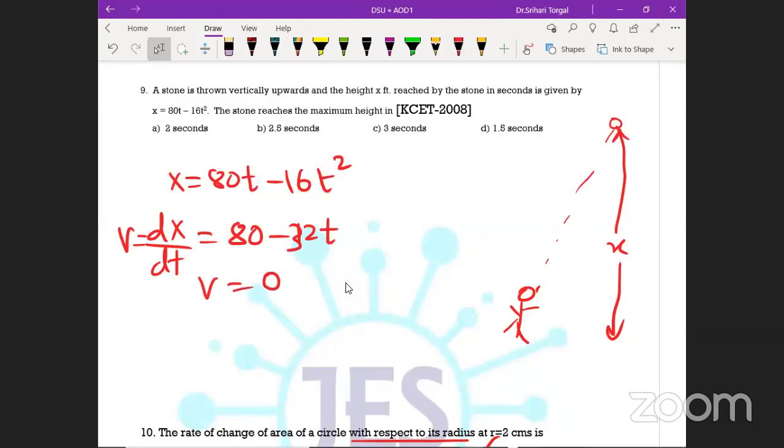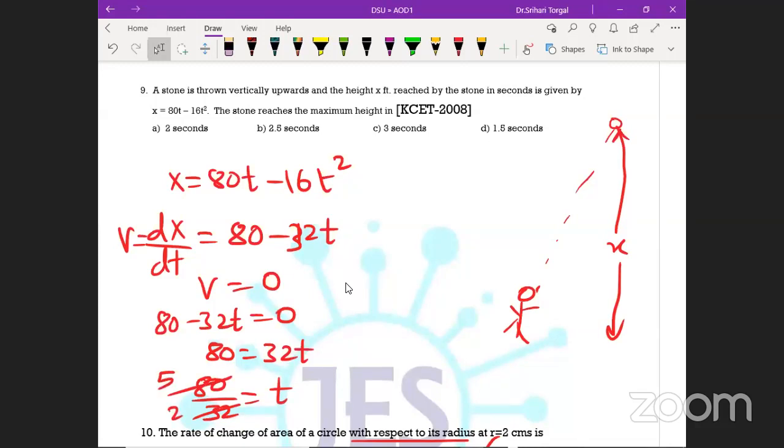And velocity is equal to 0. 80 minus 32t is equal to 0. 80 is equal to 32t, and 80 divided by 32 is equal to t. Time taken by the stone to reach the maximum height is 80 divided by 32. If you cancel this, 5 by 2, that is 2.5 seconds. Option B is the right answer. They have asked you here only maximum height, not anything else.